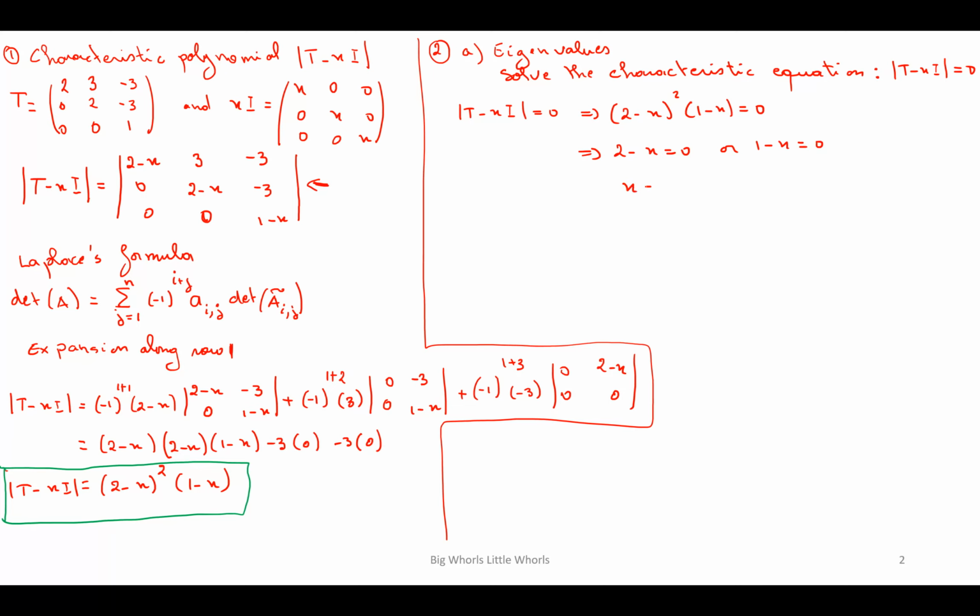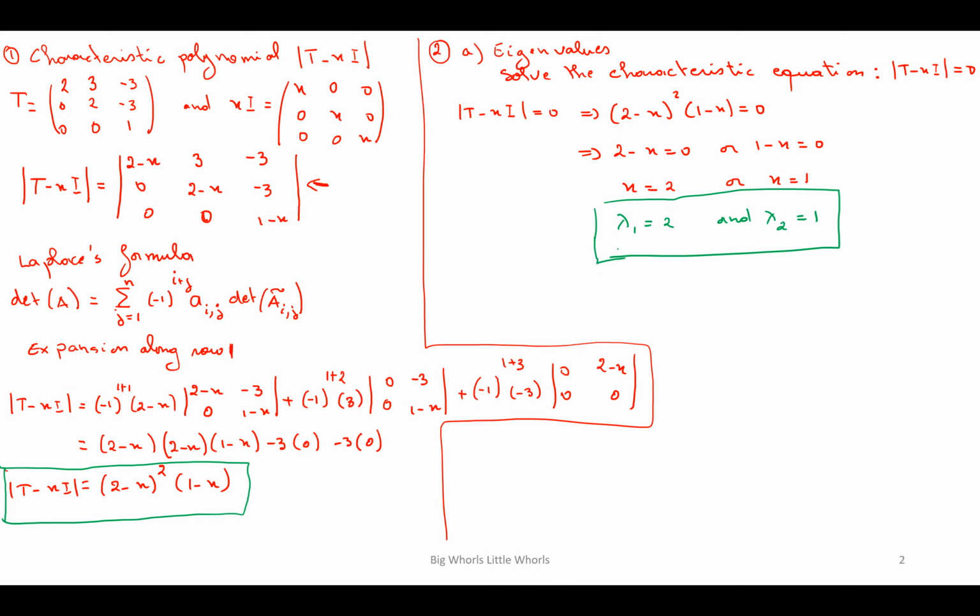That means we have x equals 2 or x equals 1. And these are our eigenvalues. So our eigenvalue lambda 1 is 2, and lambda 2 is 1. I know I should probably say lambda 1 is 1, lambda 2 is 2. It doesn't matter, okay? Let me write it this way.